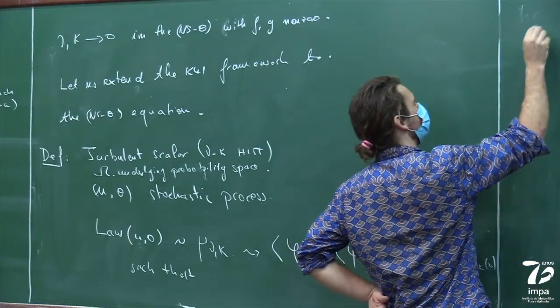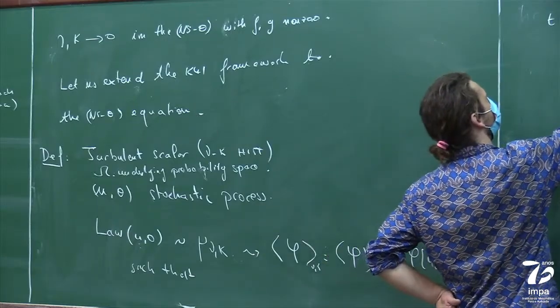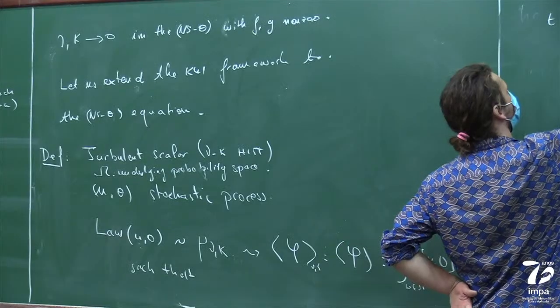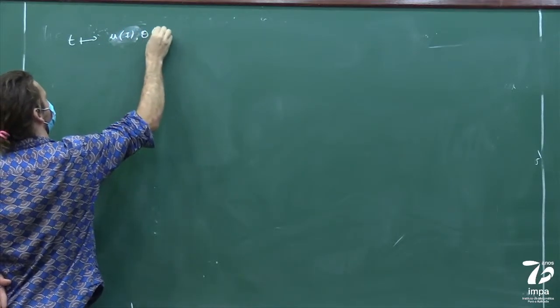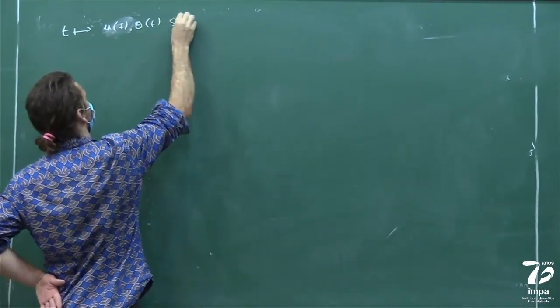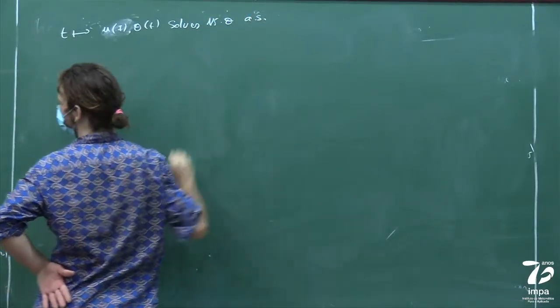Essentially, that for each realization, given u theta, u of t, theta of t solves NS theta, almost surely.